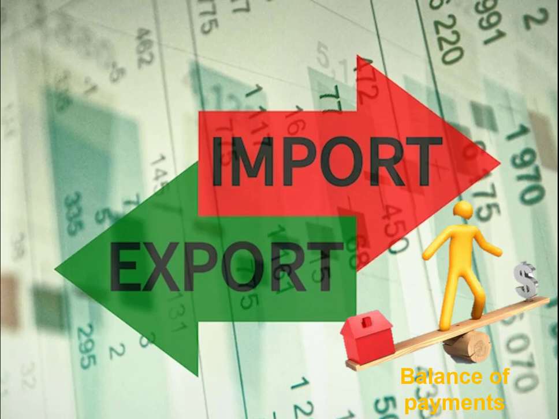It includes imports and exports, obviously, a country's investments, money spent by foreign tourists, payments by foreign governments, any aid to foreign governments, because obviously that money is going out, as well as all other receipts and payments during that given period of time.